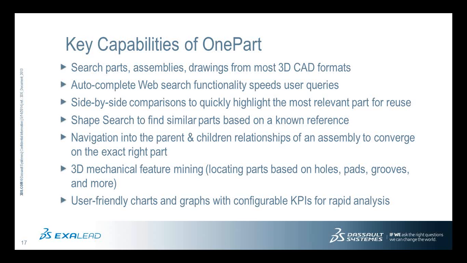And because of its semantic capabilities, it can auto-suggest search capabilities as well as handle some minor misspellings of words. And most critically, as I mentioned earlier, it can give you that side-to-side comparison so that you can quickly take the result set, narrow it down, identify the part you wish to use, and begin using it.